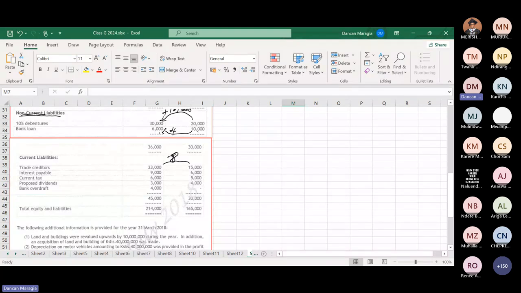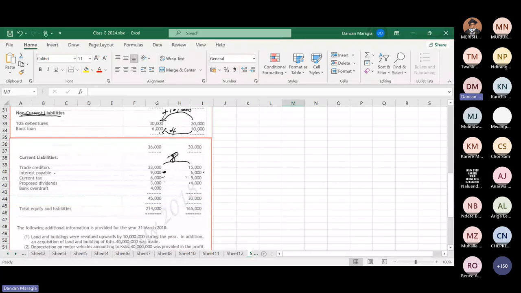Interest payable now, this is what we were talking about in that formula when I was saying the interest the previous year, interest payable in the current year, then you are going to look at the interest expense to know what was paid. You are going to see now where that formula applies. For tax again, I'm also going to show you where this is going to assist us. Proposed dividends and bank overdraft.